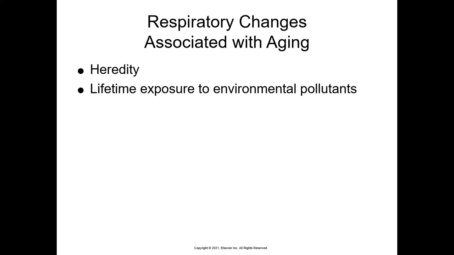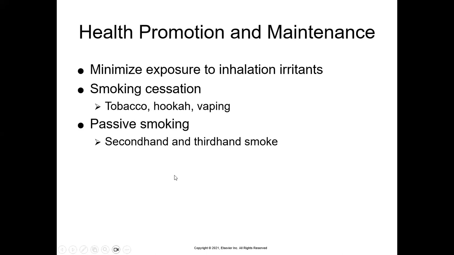And as with everything, as you age, each system of the body stops working as effectively and as efficiently as it once did. So, with health maintenance and health promotion, the big thing is to minimize exposure to inhalation irritants.